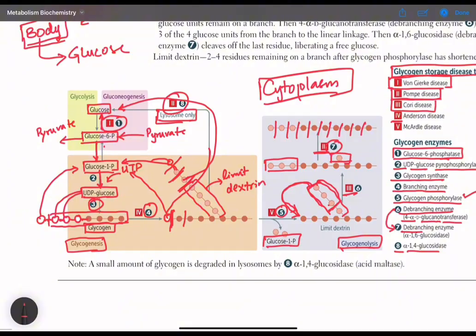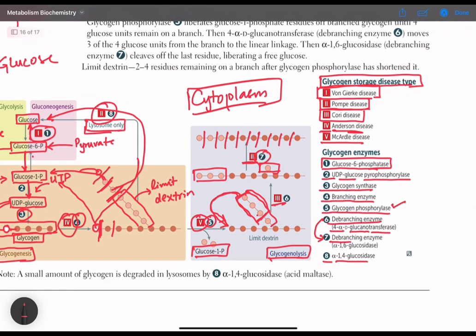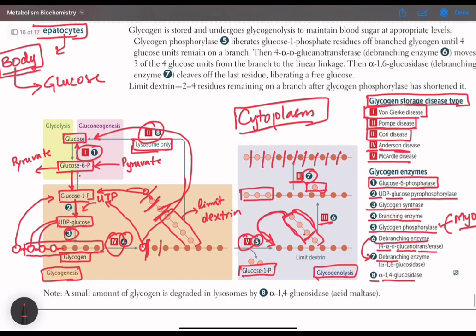For Andersen disease, we have the deficiency of branching enzyme, and for McArdle disease, we have the deficiency of glycogen phosphorylase, especially myophosphorylase, the muscle form.